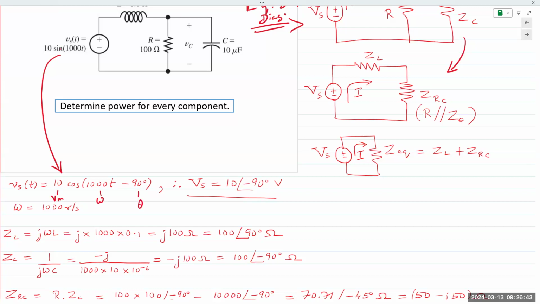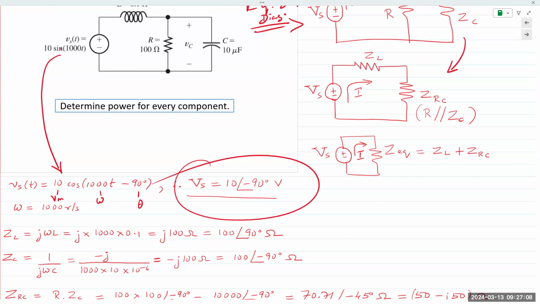I can write the phasor for the voltage source Vs directly from this expression: magnitude 10 with a phase angle of minus 90. Again, the goal here is I want to perform analysis on a circuit for an AC source.